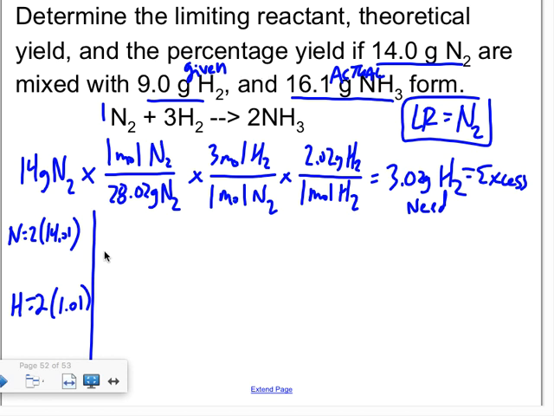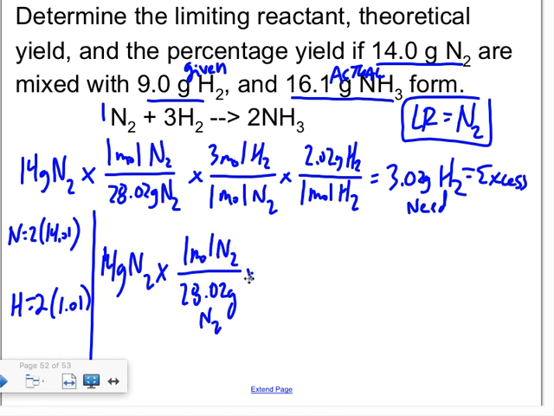I have 14 grams of N2. And I got to get to grams of NH3. So to do that, I got to divide by the molar mass of N2. So very similar to what we just did above. That's equivalent to 1 mole of N2.